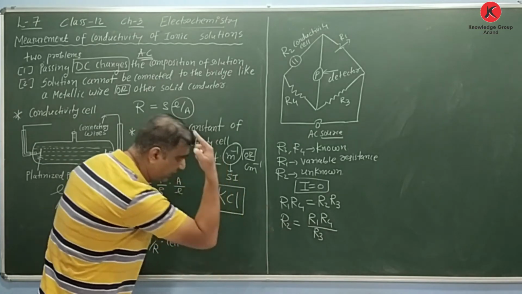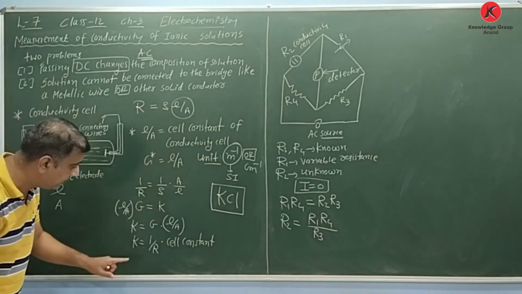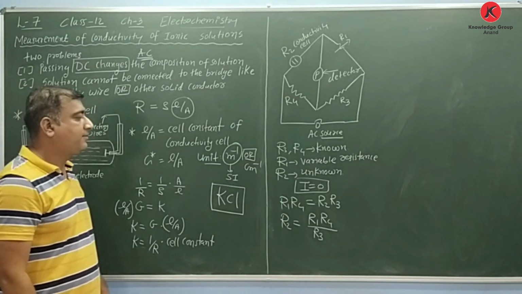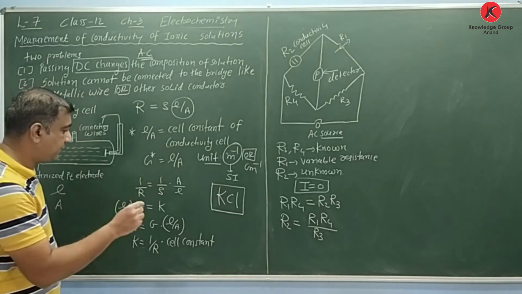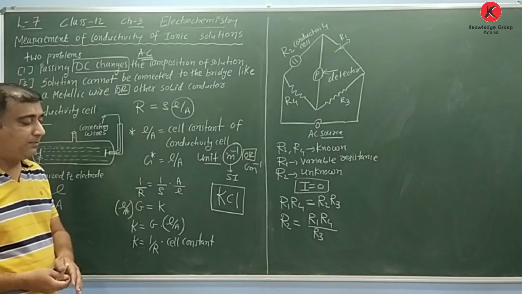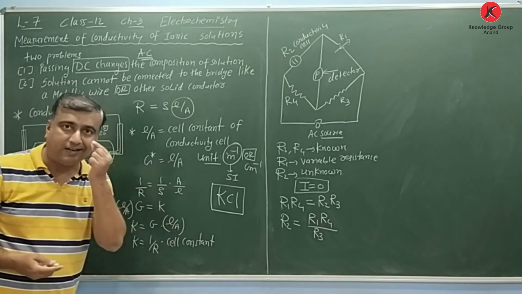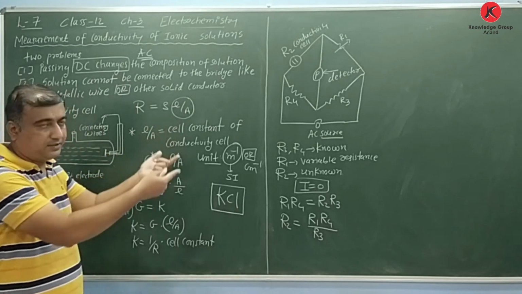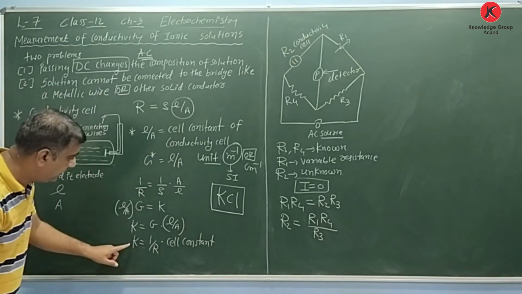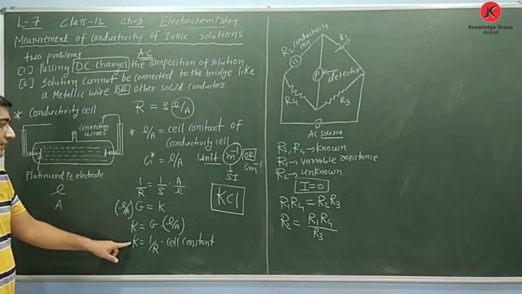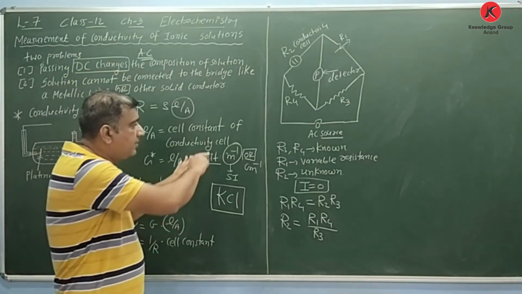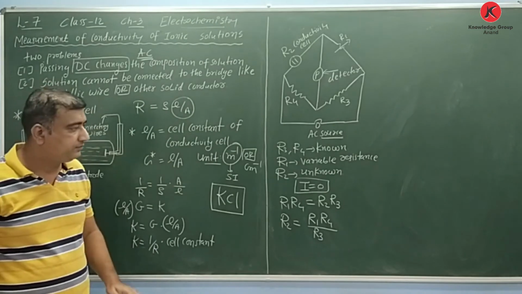Resistance is calculated by this method, and conductivity can be calculated by using this formula. That means if we know the cell constant of the conductivity cell, measure the resistance and calculate the conductivity of the ionic solution. This is the experimental method.